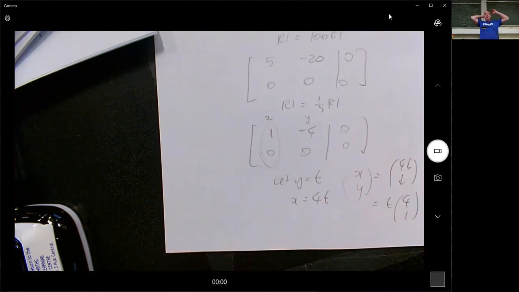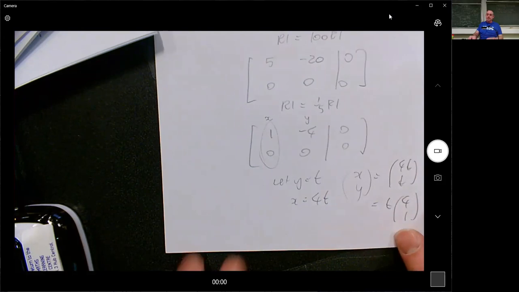So there's my eigenvector. These are all the eigenvectors that go with this eigenvalue. If I want all the solutions to lambda I minus a x equals 0, then I'll also include the 0 vector. So the 0 vector is part of the eigenspace, but it's not an eigenvector, confusingly.